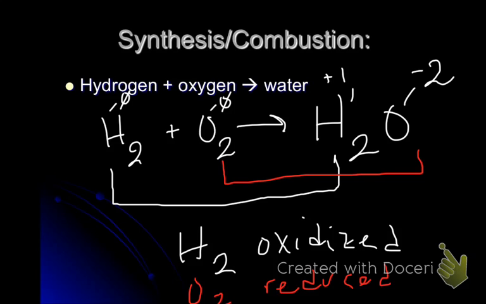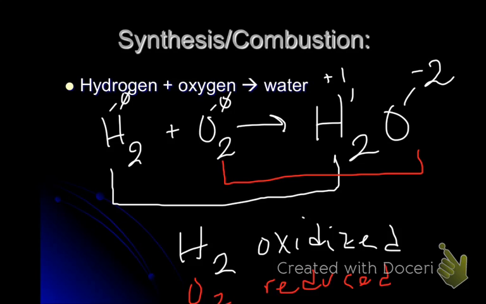So H2 is oxidized, so each H in H2 is oxidized, and each O in O2 is reduced, because it goes from 0, and it's almost like it's gaining 2 electrons. So its oxidation number is actually reduced. Okay, so that would be an example of a redox because you can easily identify something that's oxidized, our hydrogen atoms, and our oxygen atoms are being reduced.